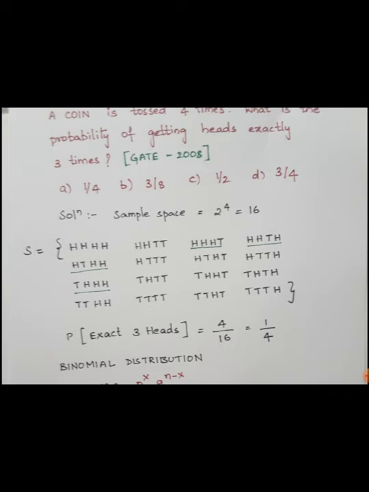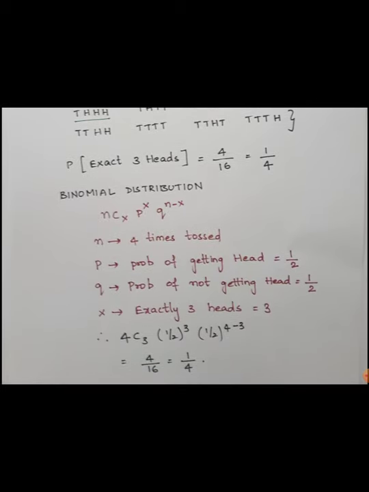The probability of exactly 3 heads is the favorable outcomes, 4, by 16, the total sample space or total possible outcomes, which is equal to 1 by 4. This can also be done with the binomial distribution. We will do that method after we have discussed it in theory, but it is also a way of solving this problem.